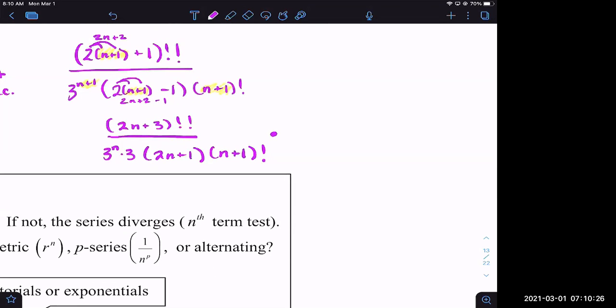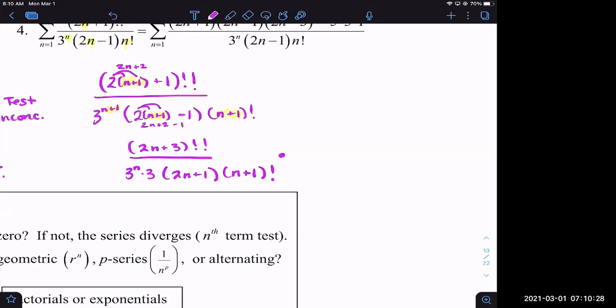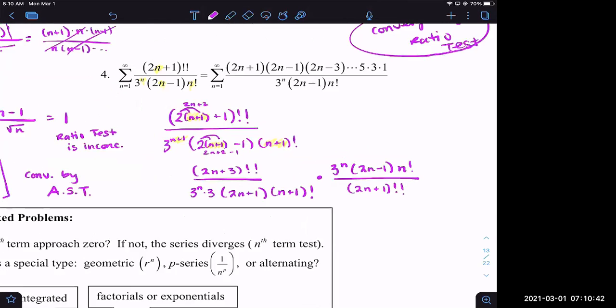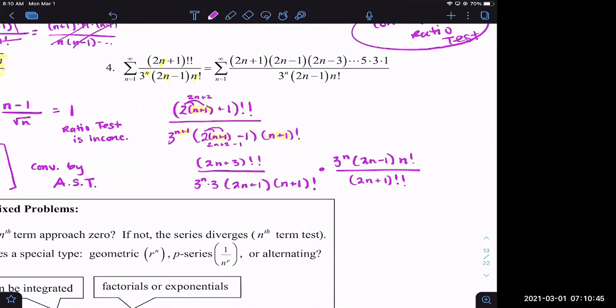I multiply it by the reciprocal of the original. So the original, now I have the 3 to the n on top, 2n minus 1, n factorial, and the denominator, 2n plus 1 double factorial. If we reduce, let's look at just reducing those 2 double factorial pieces.